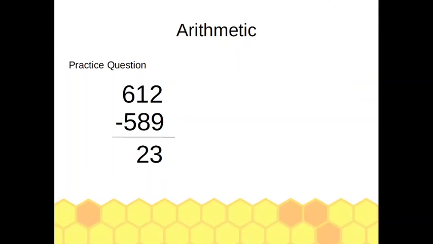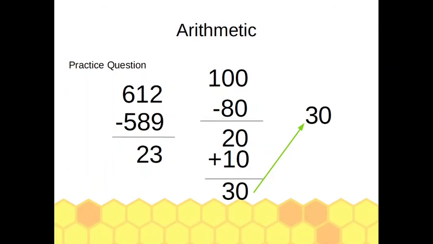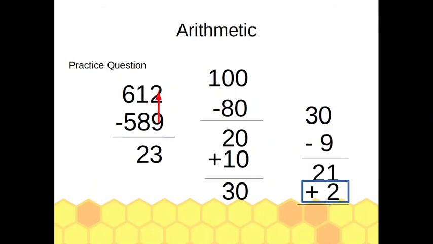We can see that from our practice problem, we started from number 6 to number 5, which we understood as the hundreds place. Then we went to 8, then 1. Transfer the 30, then 9, then 2.